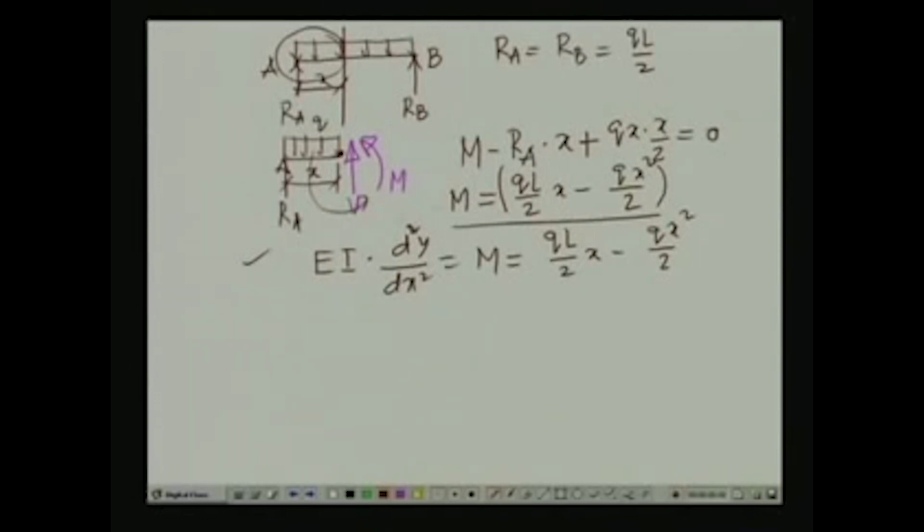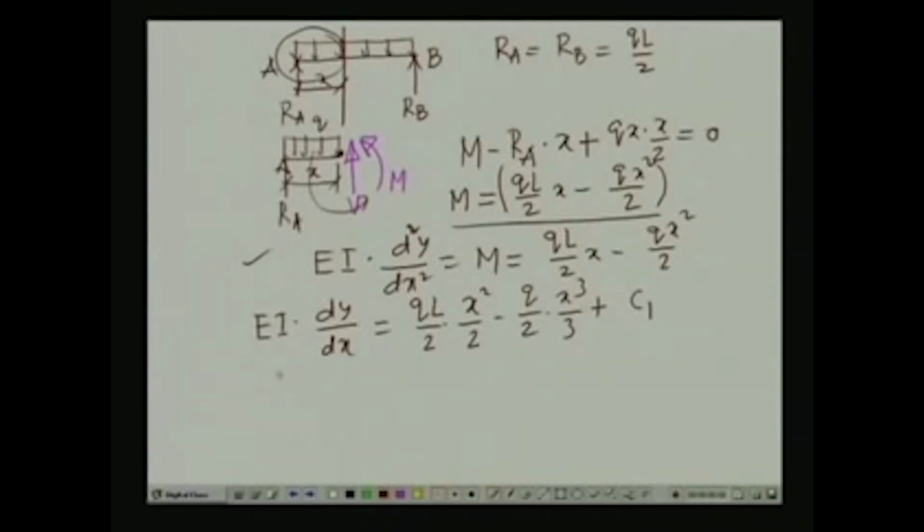Now, if we integrate this, we have E I dy dx as equal to Q L by 2 times x square by 2 minus Q by 2 x cube by 3 plus C 1, the constant of integration.